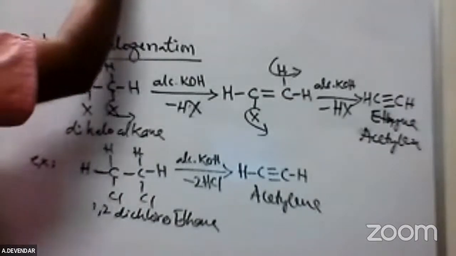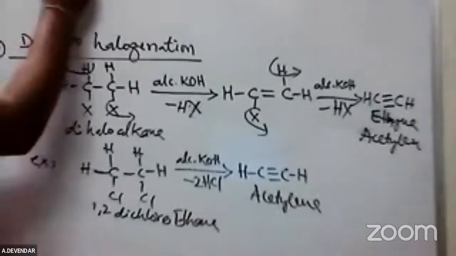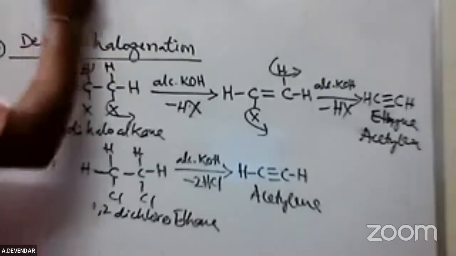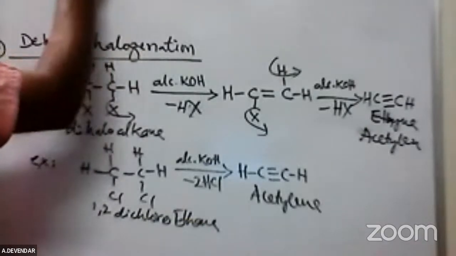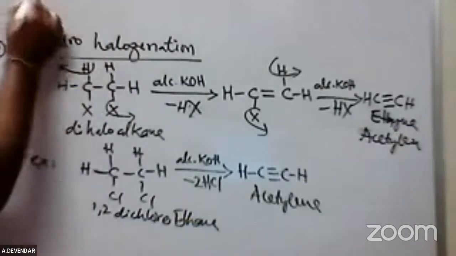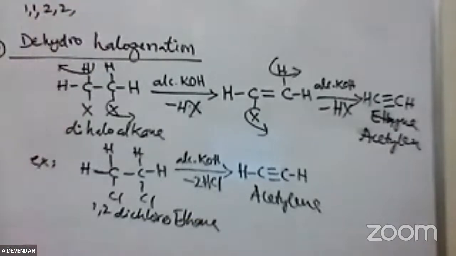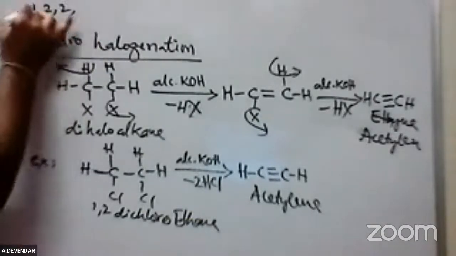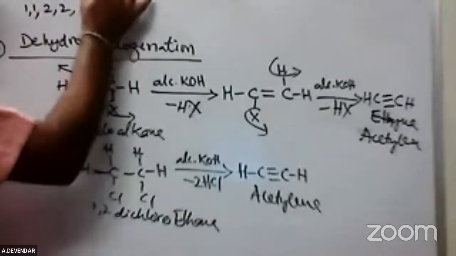Dehalogenation means only the halogen is removed. Here we take tetrabromoethane: positions 1,1,2,2, tetra means four, and the halogen is bromo.